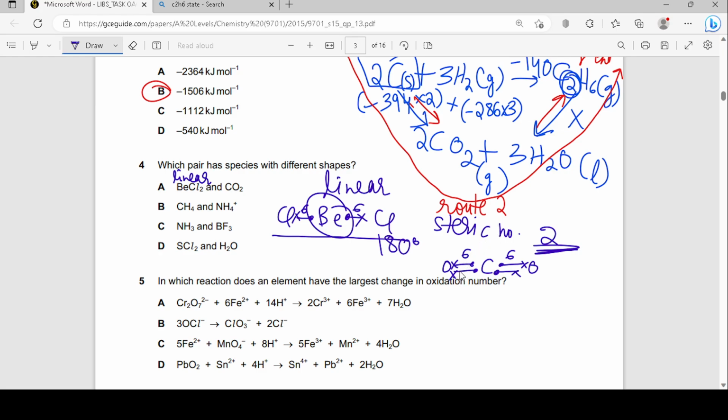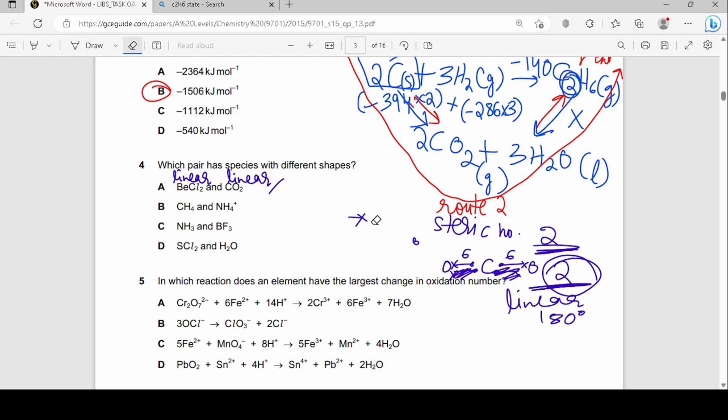So one of each double bond is a pi bond, so we can cancel those out because those are not included in the steric number. It's just that there are 2 sigma bonds. So the steric number, which is the number of lone pairs plus the number of sigma bonds, is 2, which means again it's linear geometry, with a bond angle of 180 degrees. So this is also linear. These two have the same shape. We need different shapes, so we can cancel that out.